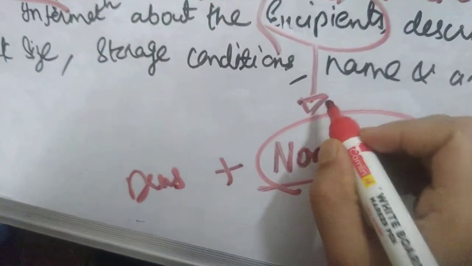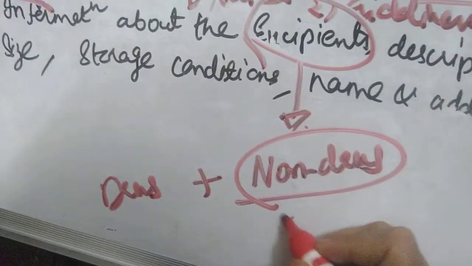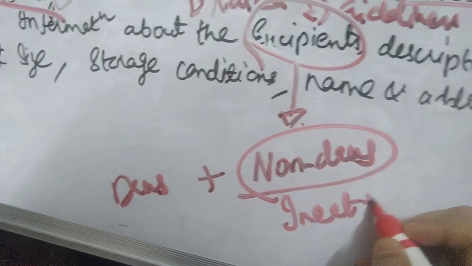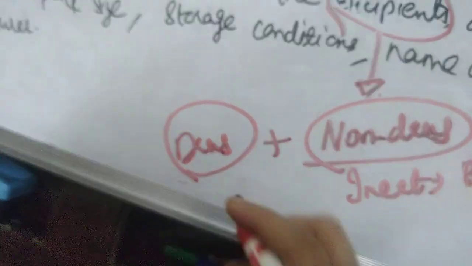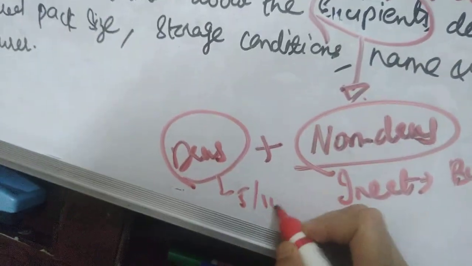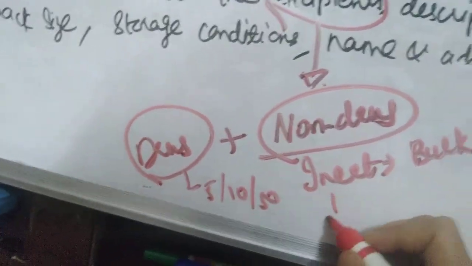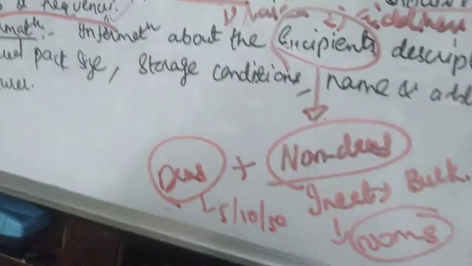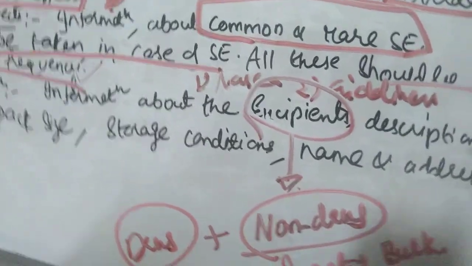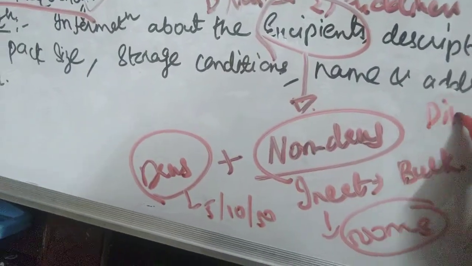These non-drug components are your excipients. These are inert substances which are just added to provide the necessary bulk, because your active ingredient will not be in a high dose. It will be, suppose, 5 mg, 10 mg or 50 mg. But if you have to make a 500 mg tablet, where will the required weight come from? That required weight is nothing but your excipients, diluents, fillers.